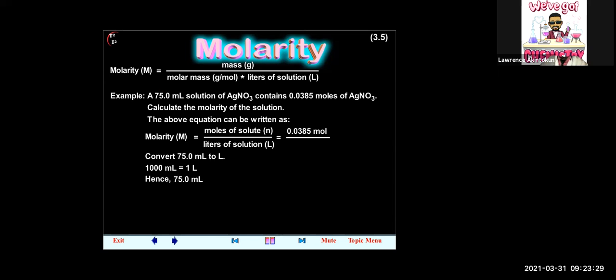Hence, 75 milliliters times 1 liter divided by 1,000 milliliters is equal to 0.075 liters, is equal to 0.513 molar.